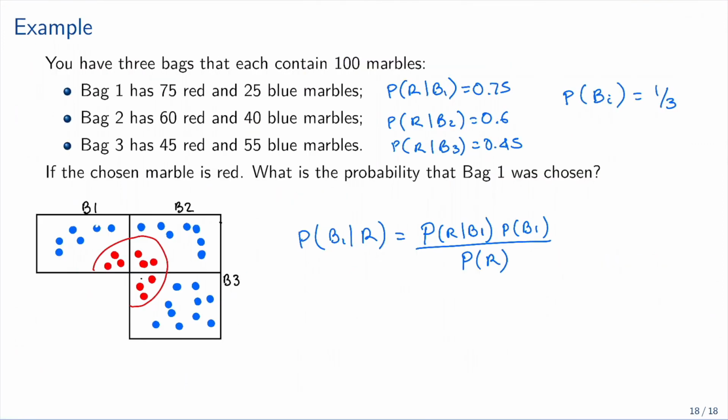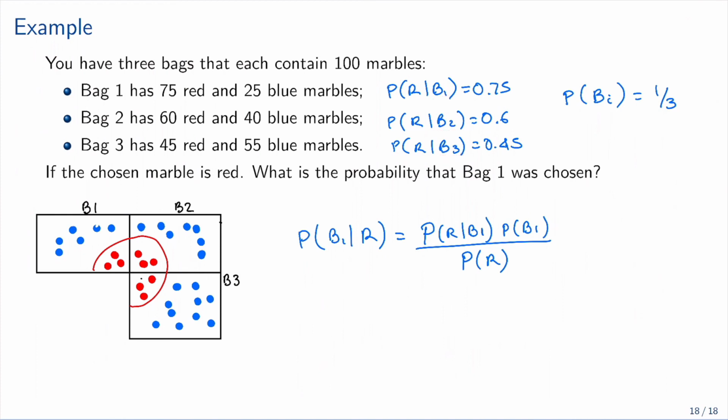To finalize, let me go back to the previous example, in which we have 3 bags of marbles, each one containing blue and red marbles. Remember, for each one of the bags we have the proportion of red and blue marbles, so we can have the conditional probabilities for the red, given that it is in bag 1, bag 2, and bag 3.